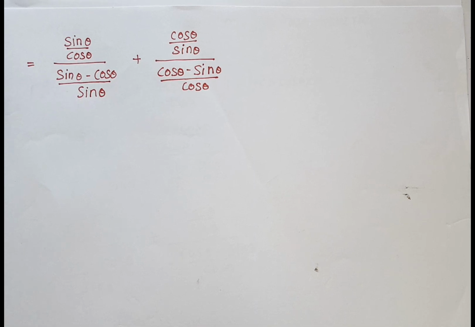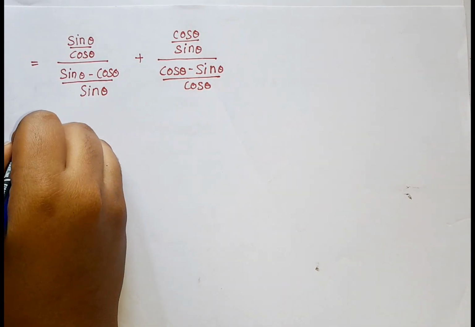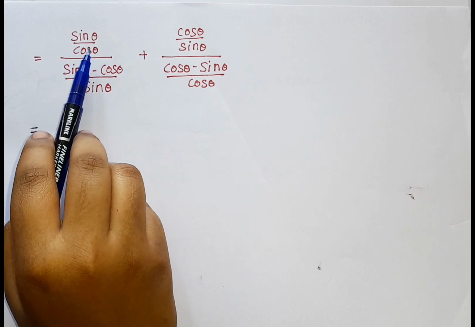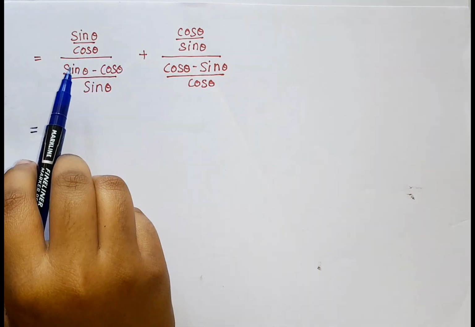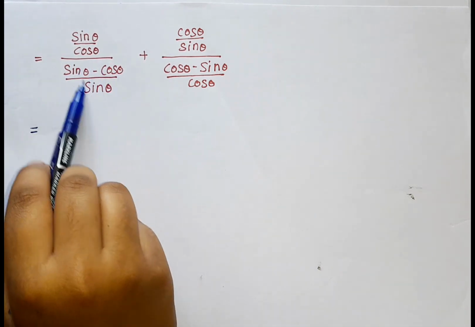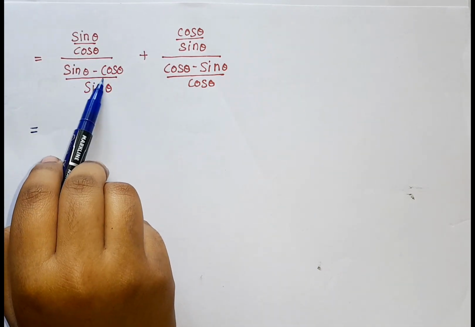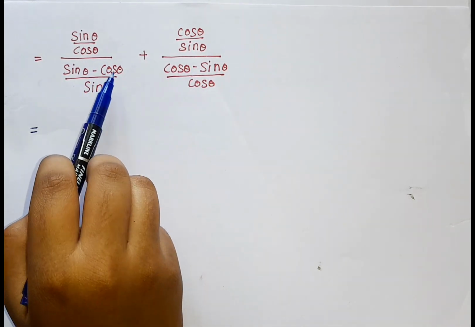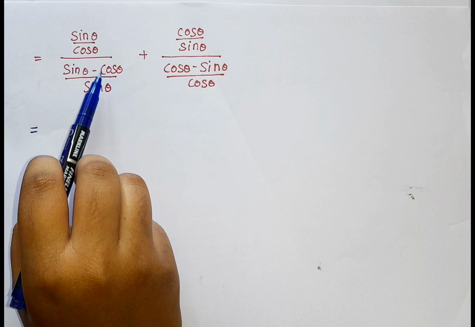Just write is equal to sin theta divided by cos theta, divided by sin theta minus cos theta divided by sin theta, isn't it? So here this portion I am going to take as reciprocal, and here also I am going to take reciprocal.